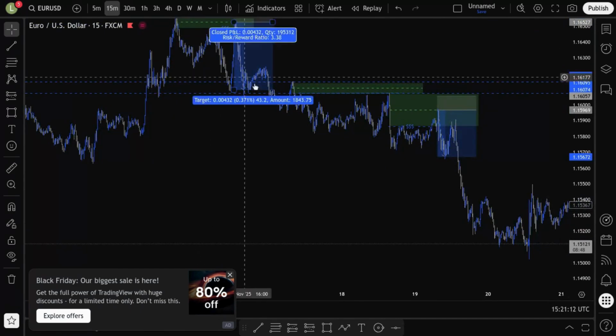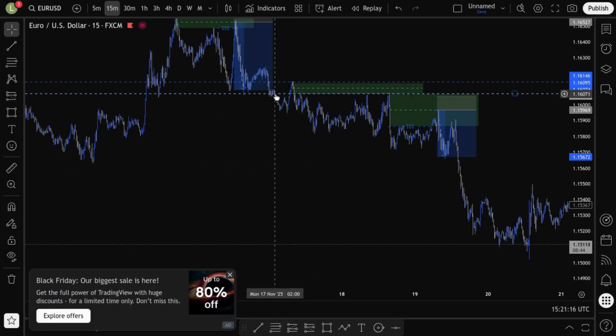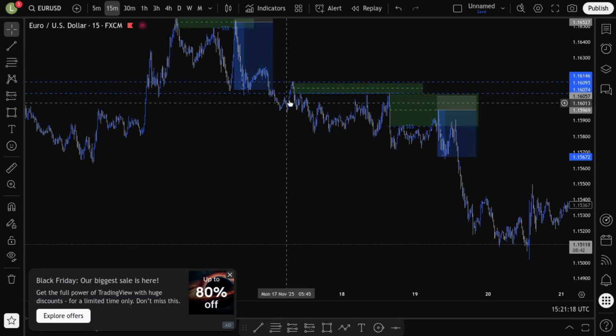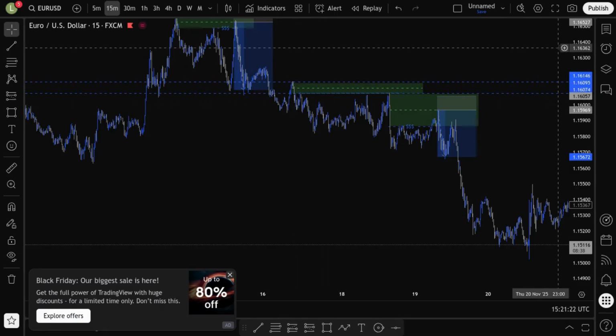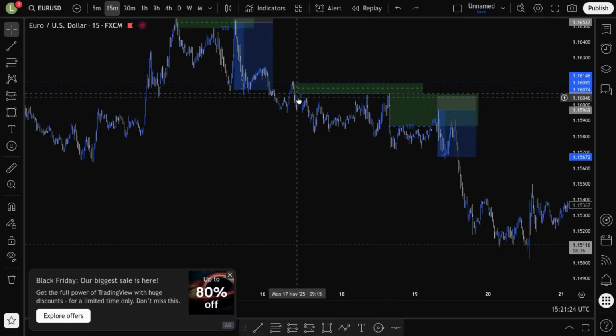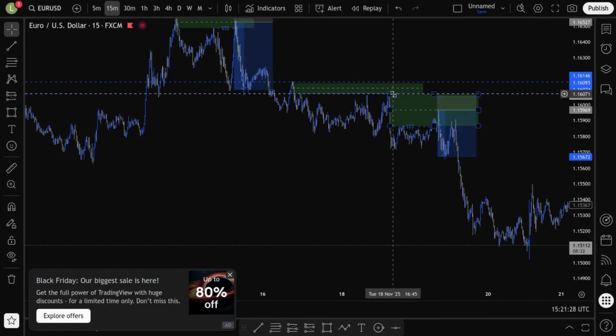Price made this first low, this second low, you can know that it's my protected high, right? And this is my liquidity. So the protected high must be valid, your liquidity must be valid, and you want to see price take out that liquidity. Once price takes out that liquidity, then you go.